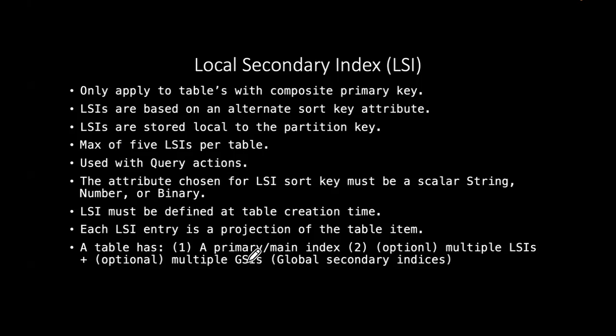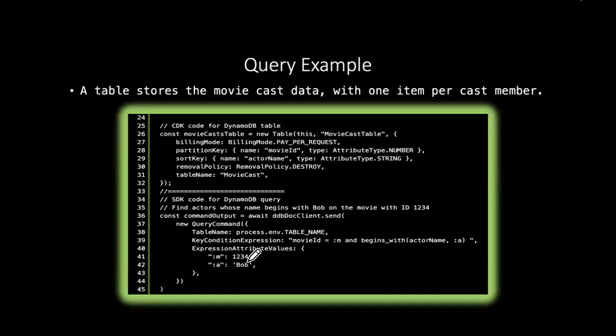Just before I get into that, if I just go back to the previous slide, another way of explaining what's happening here is that when you create a table like this, as well as the items being stored in the table, there is an index stored in the table as well. We often refer to that as the main index.